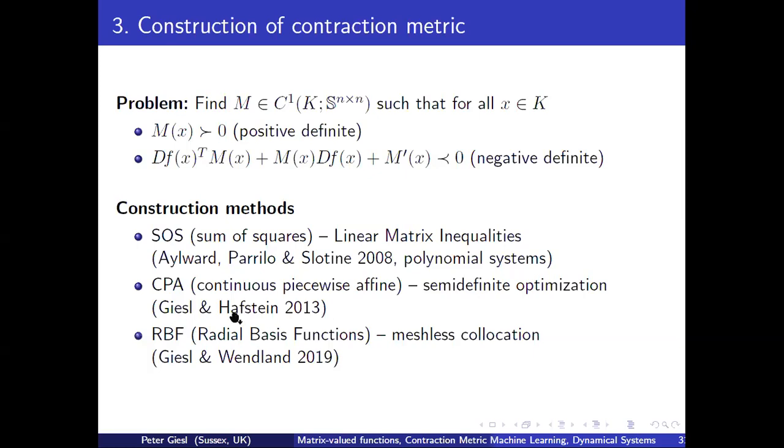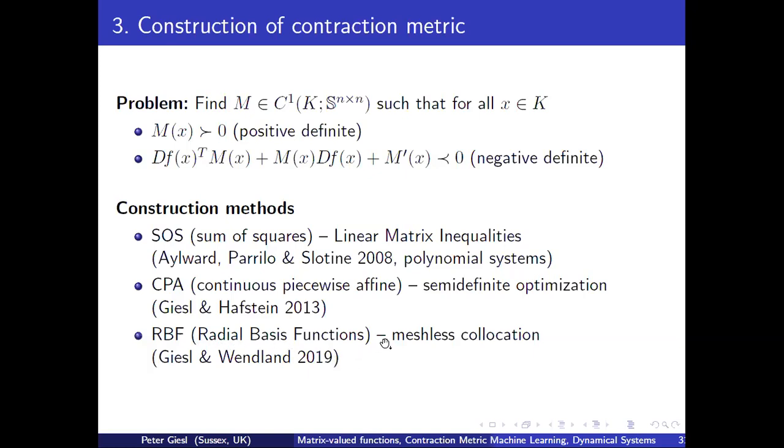I've done that together with Hafstein. Again, the drawback is that if you have a very fine triangulation, which you need to get good results, then these problems are quite hard to solve numerically. So you can only get so far.